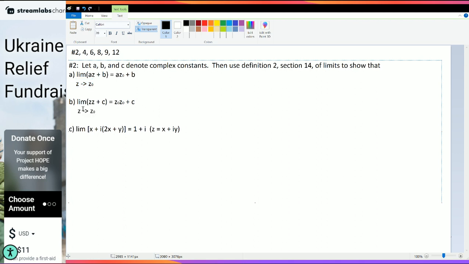Z approaches z naught here. And finally, we have z approaches 1 minus i here.